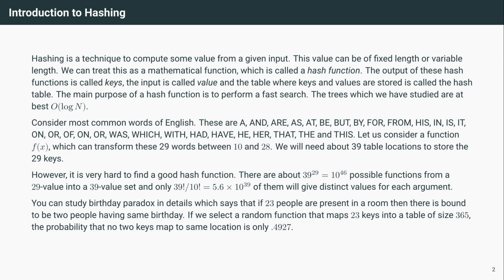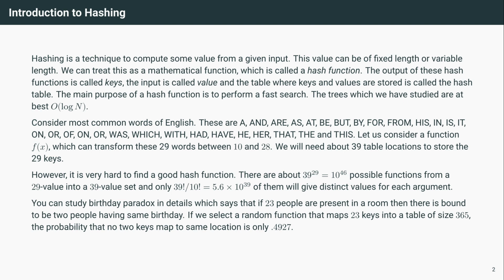So first question is, what is hashing? Hashing is basically you take some input, pass it through a black box called a hash function, and you get some output. Now with this output, you put that output and the original input into some table.